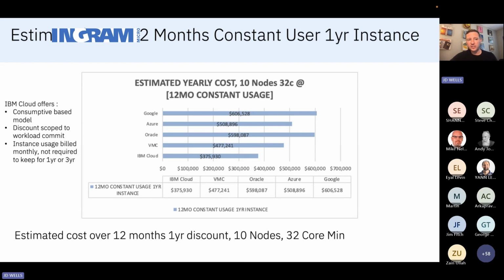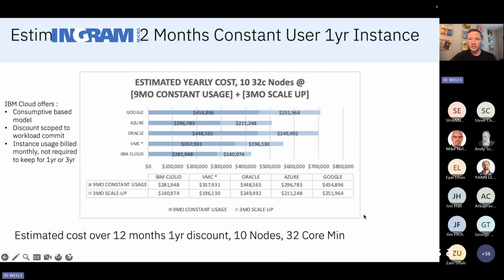And when you do the calculations, taking the one-year price from all of the different cloud providers, you can see here that IBM Cloud also comes in as the best value as well. Our cost is $375,000, and our next closest competitor is $100,000 more than what we can offer with this instance.